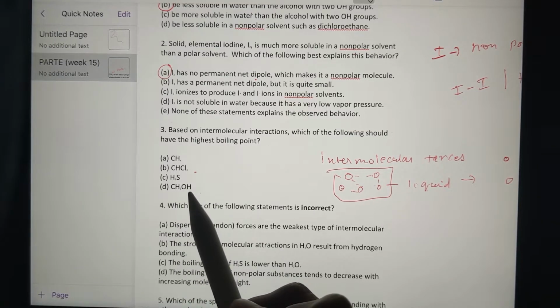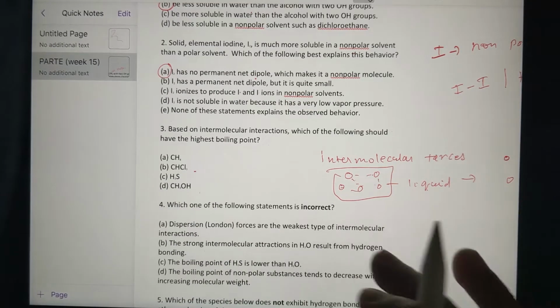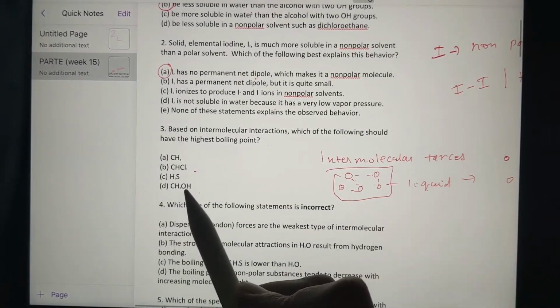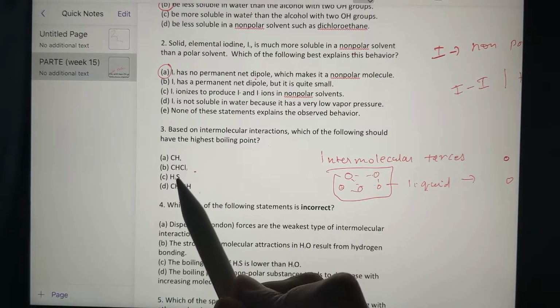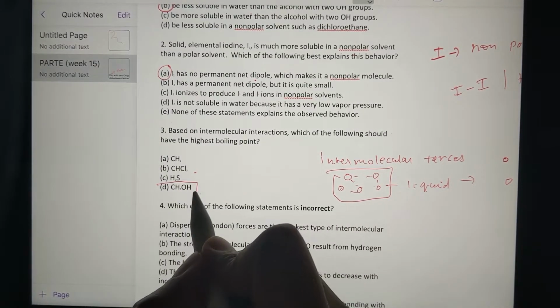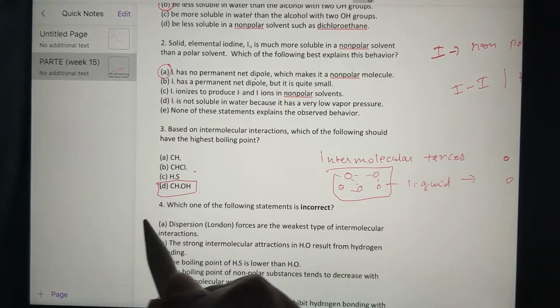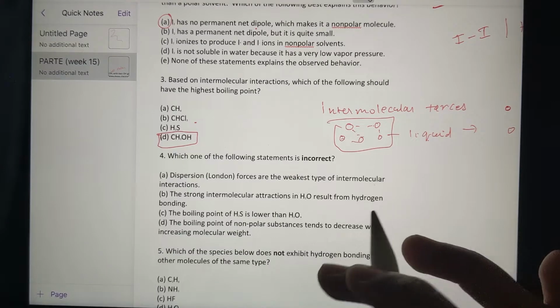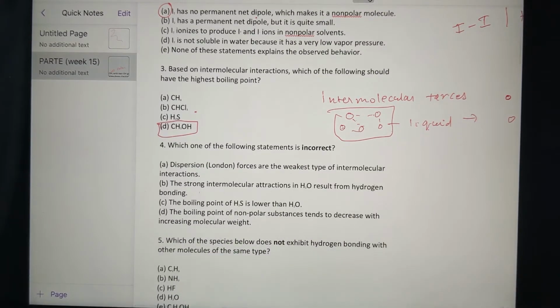While the fourth one, which is like water or alcohol, will have hydrogen bonding, which is much stronger than the dipole-dipole interaction. So for the third question, the correct answer will be methanol, CH3OH.